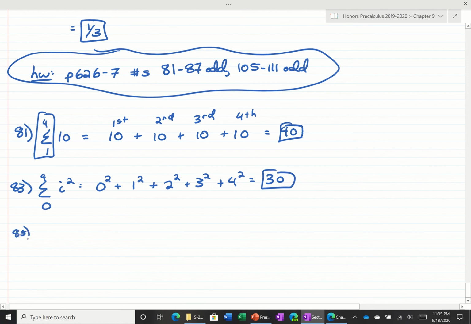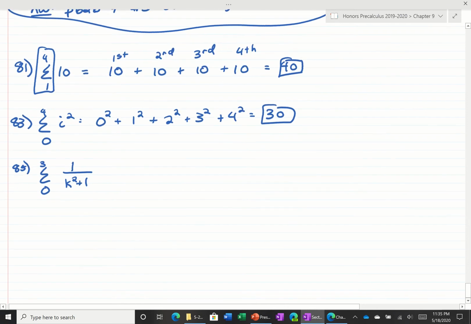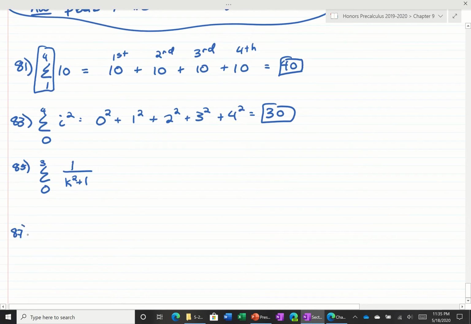For number 85, it tells us we're finding the sum from 0 to 3 of 1 over k squared plus 1. And then for 87, while we're here, 87 looks a little more complicated. We're finding the sum from 1 to 4 of (i minus 1) to the second plus (i plus 1) to the third. All right, so we'll do one at a time here.